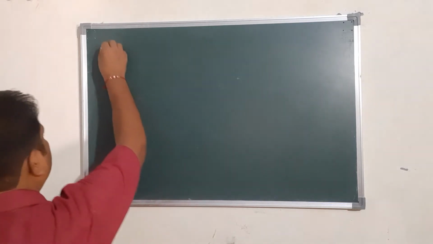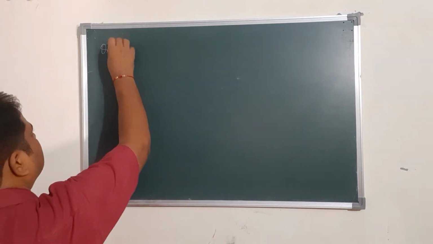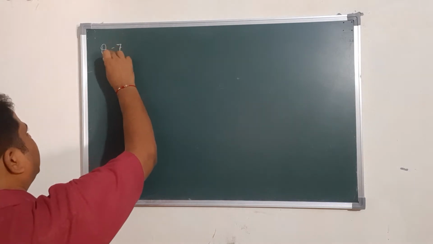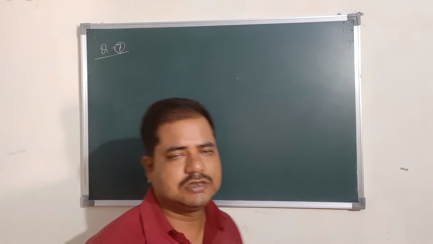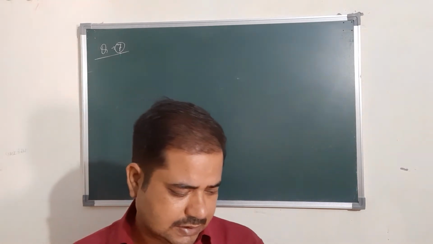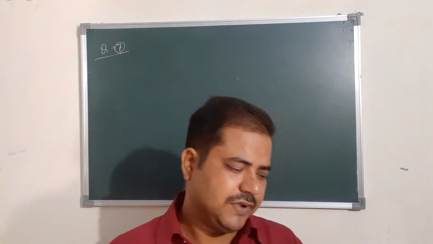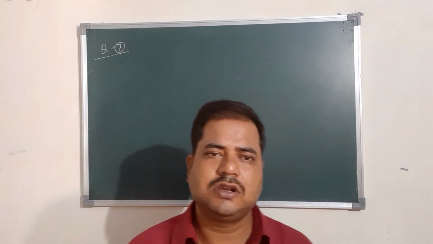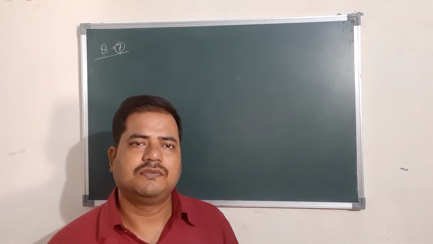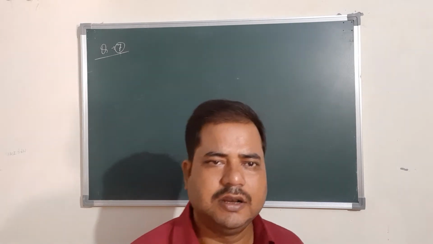Question number 7, you have to see. Here we are given information about two terms. First one is 11th term is 38 and 16th term is 73. So first of all we have to consider the first term and the common difference.